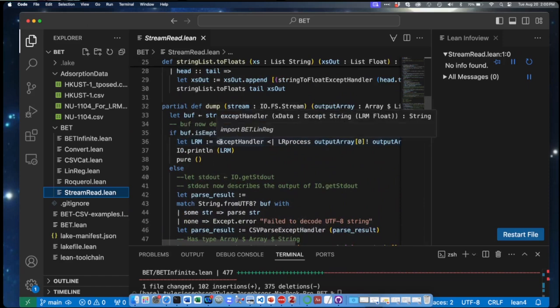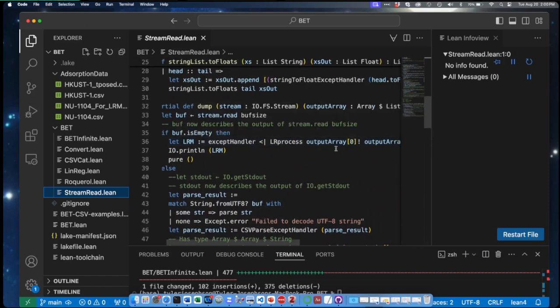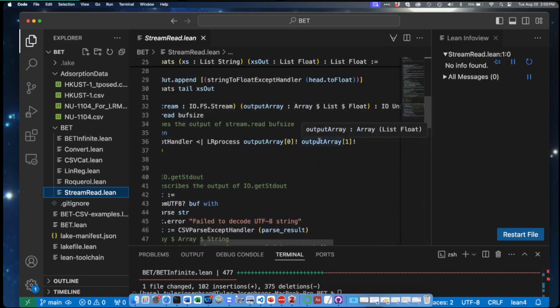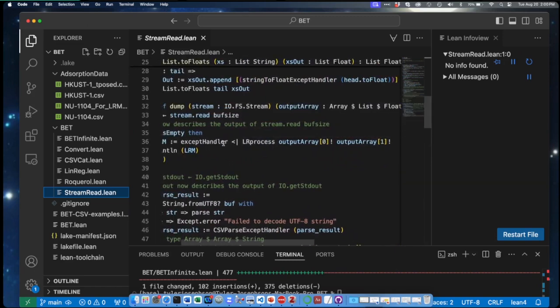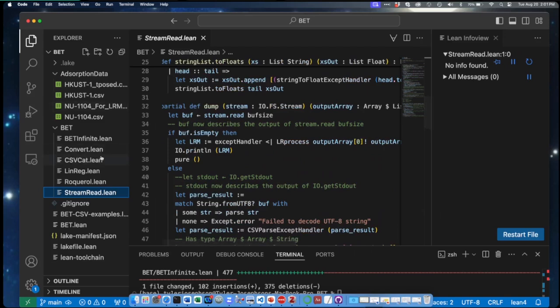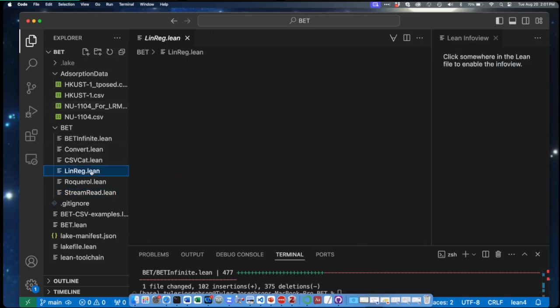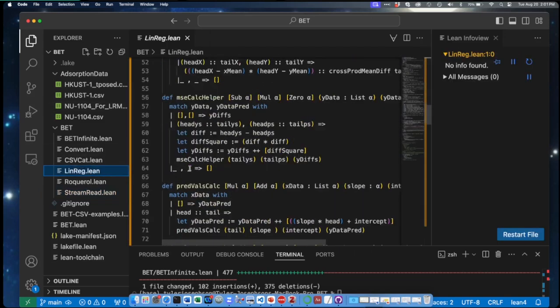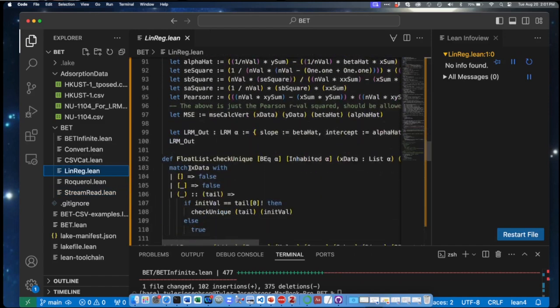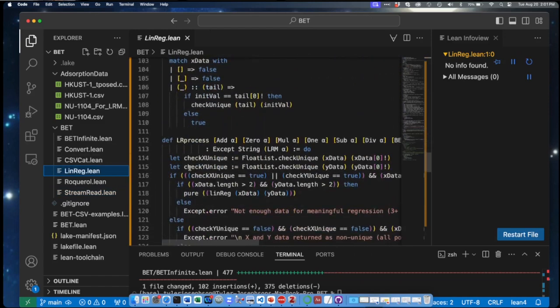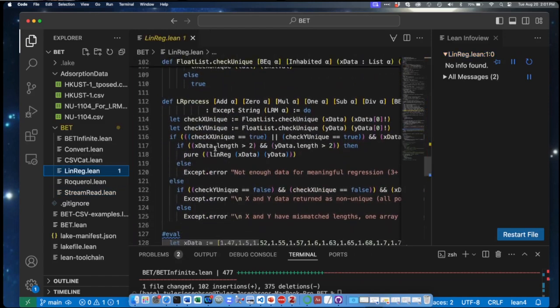Now it's time to do math on it. And now we have this output array, which has things in it, and we will be passing those into LR process. What is LR process? LR process is a polymorphic function.